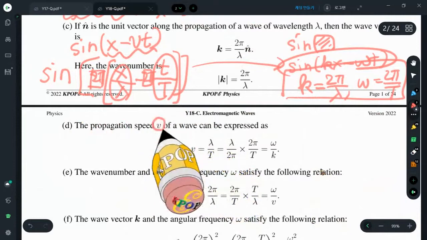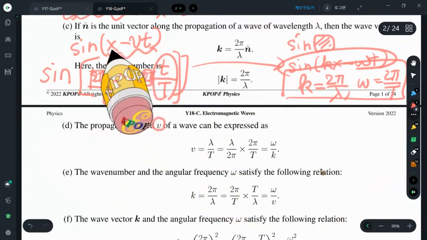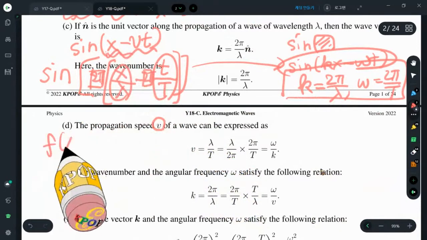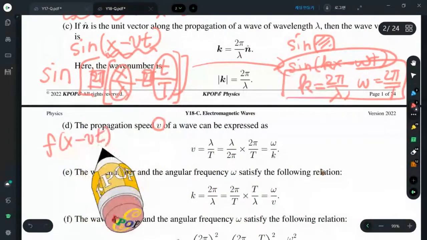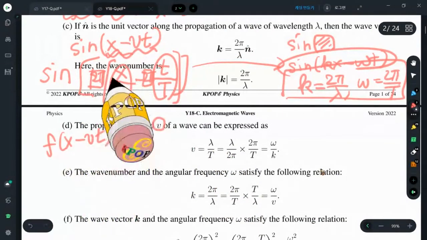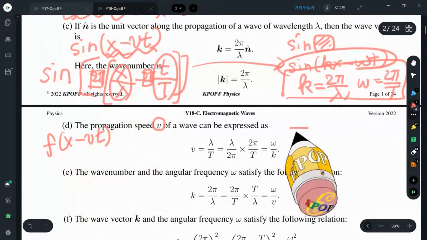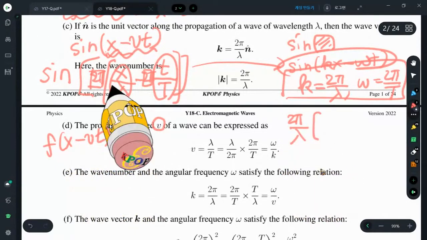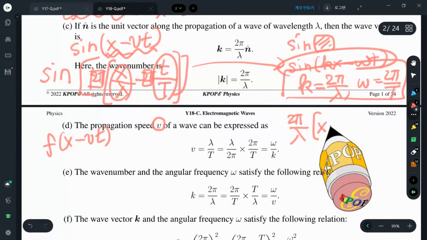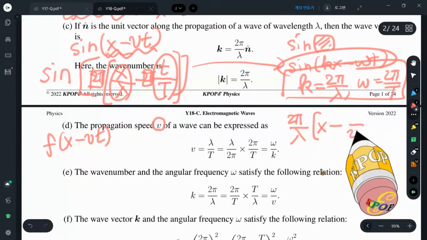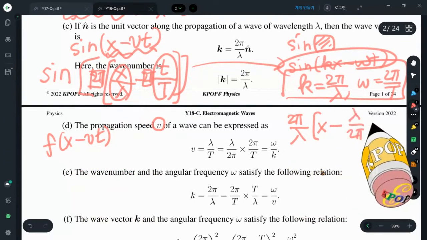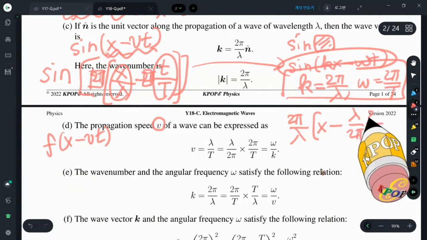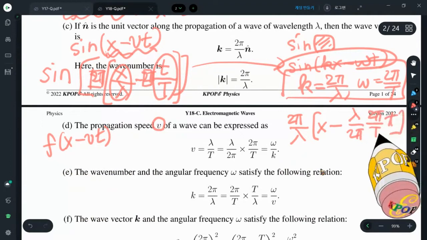Then what is the speed? f of x minus vt. Okay, rewrite this one. Factor out 2 pi over lambda. Then it is x minus lambda over 2 pi times 2 pi over period t.